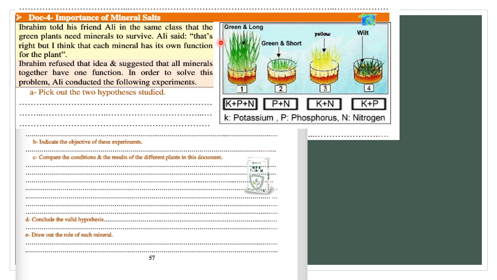So here we have all the minerals. The plant grows green and long. Here we have no potassium, so the plant here is short. So potassium is responsible for the long growth of the plant. So Ali's hypothesis is validated.